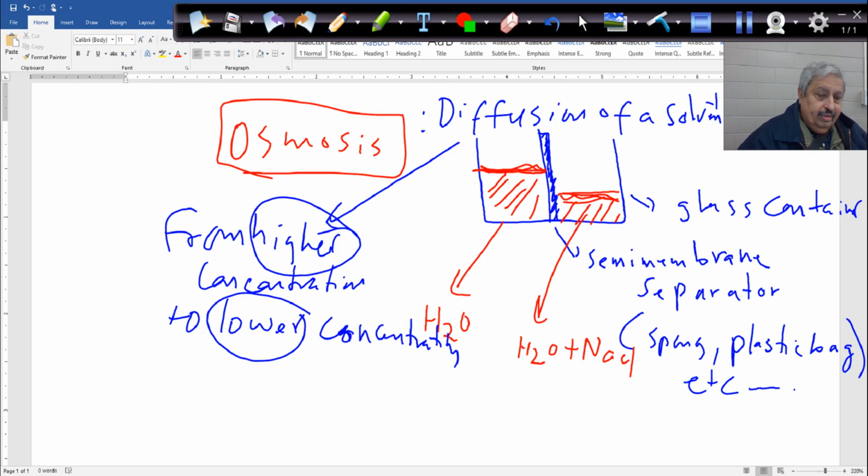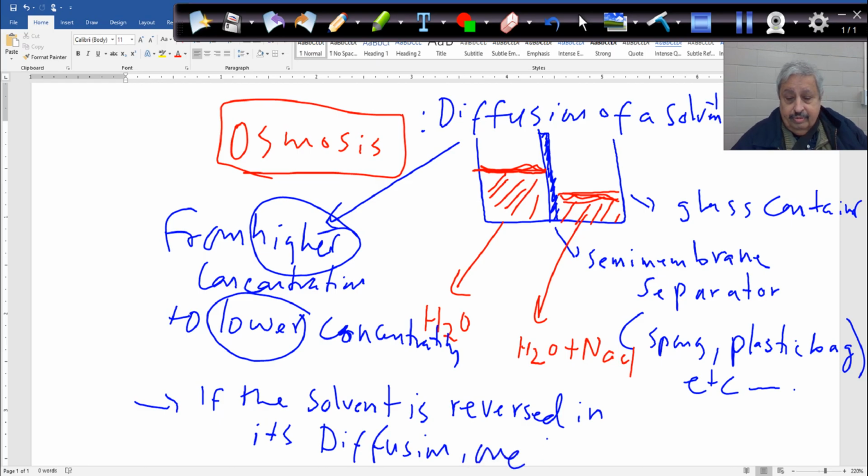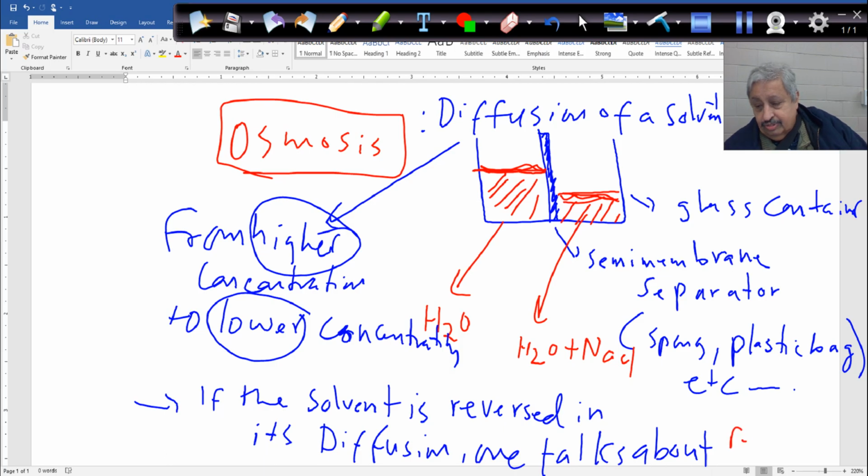So if the solvent is reversed in its diffusion, then one talks about reverse osmosis.